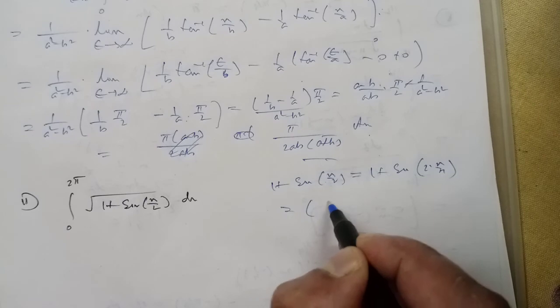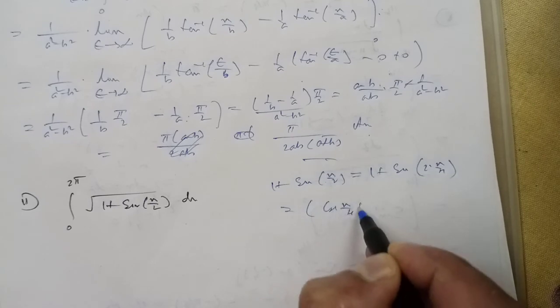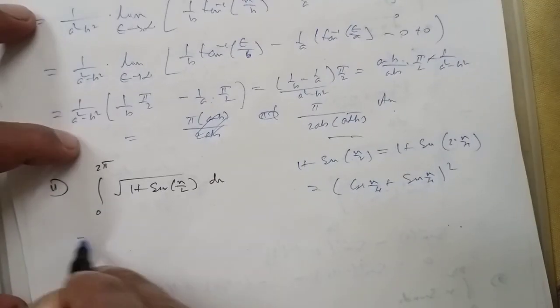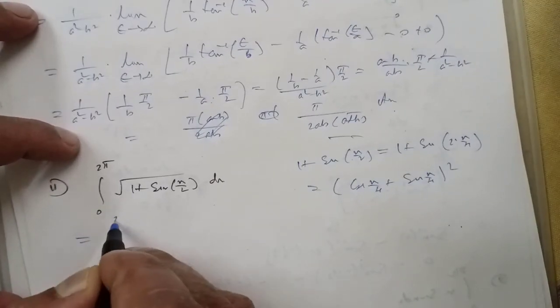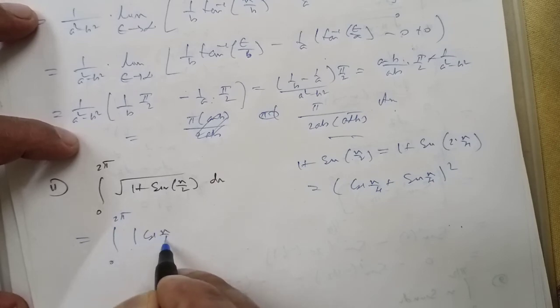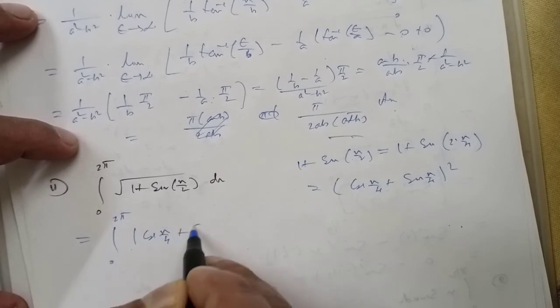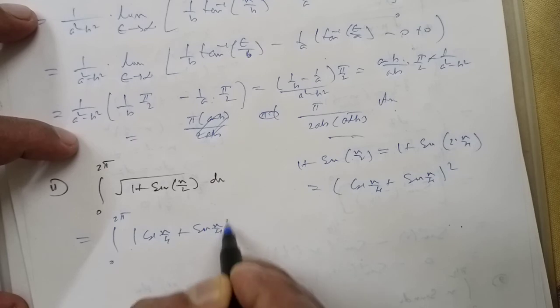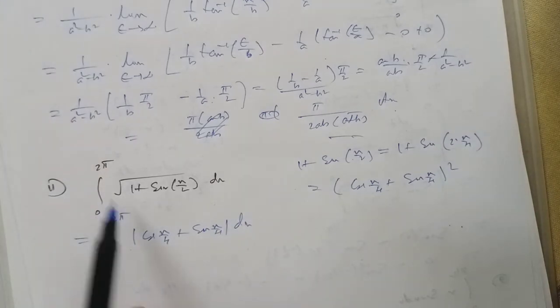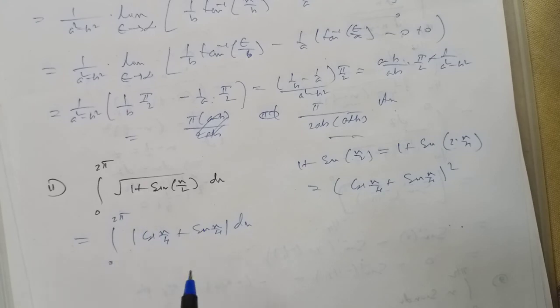So here we can write cos of x by 4 plus sine of x by 4 whole square. So here I am writing 0 to 2 pi mod cos of x by 4 plus sine of x by 4 dx. We must take the modulus sign here because root over always represents a positive quantity. So we have to first study its sign, then we can put the sign here.